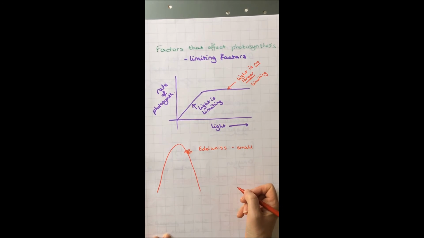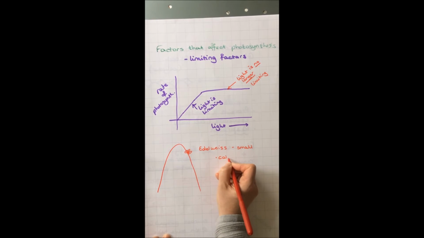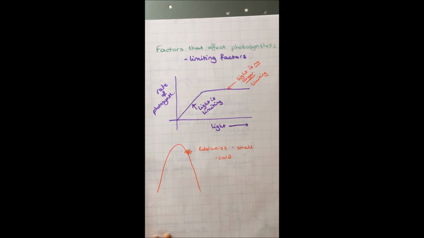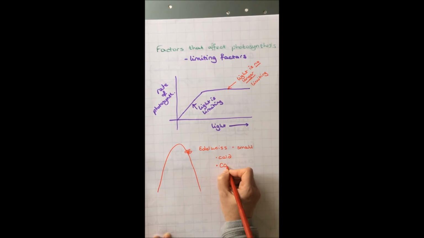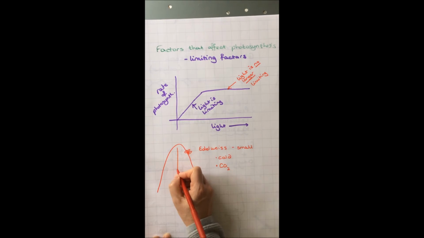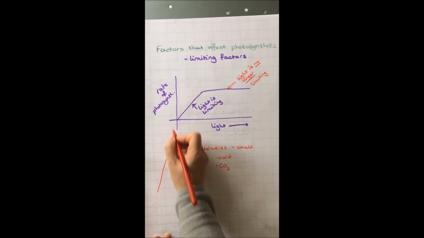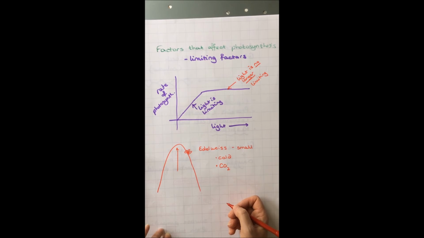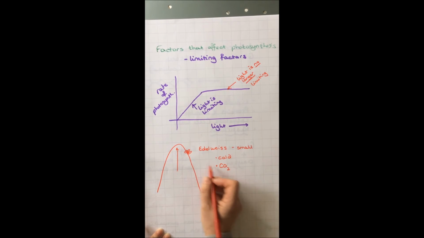It's small because, one, it's cold, so photosynthesis can't be at its maximum, and also because there is less CO2 as you go up into the atmosphere. There are fewer particles in the atmosphere. The atmosphere is less dense, so there's less carbon dioxide around. Because of this, it limits the size that plants can grow.